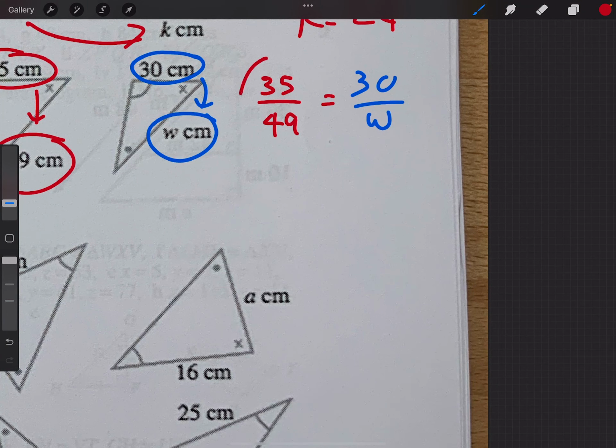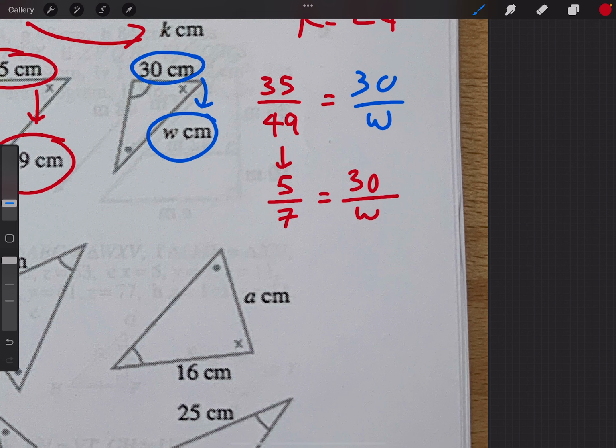Can I simplify this? Yes, I can. I can divide them both by 7. 35 divided by 7 is 5, 49 divided by 7 is 7. And that's going to equal 30 over W.